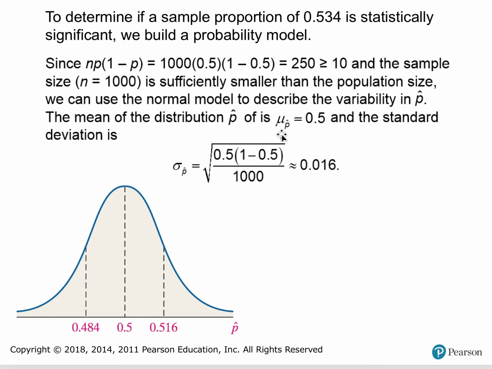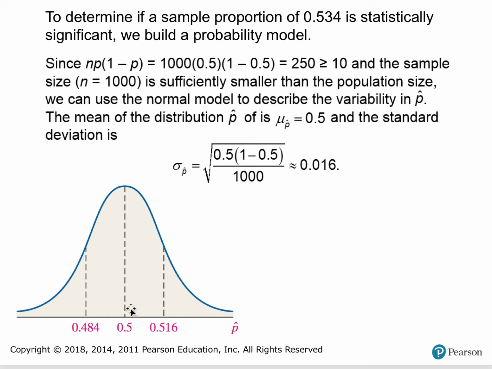So that means mu sub p hat is the 0.5, okay? And the standard deviation can be calculated using our formula. Okay? So now, if we draw that, here's what that would look like.